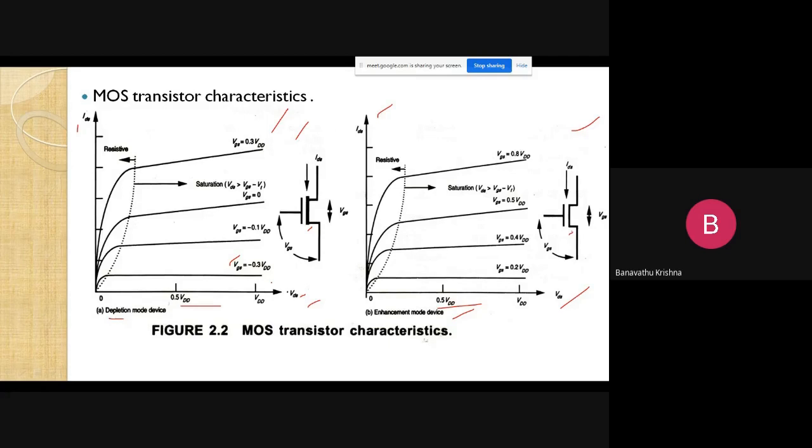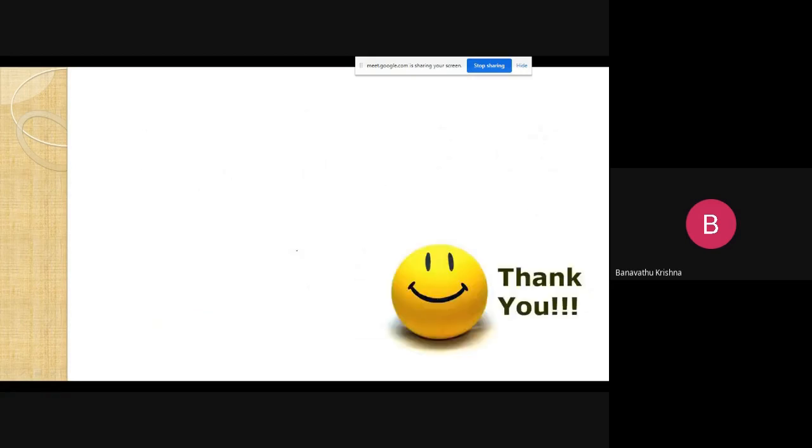We need to calculate if any problem questions are given, so based on the given parameters and requirement, we need to use one of these six current equations according to the given data. Thank you.